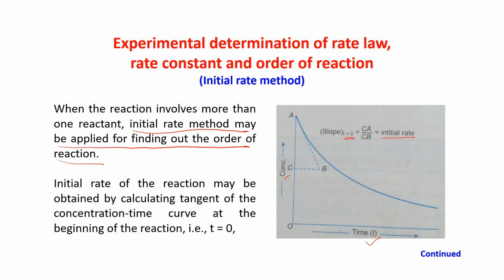So at the beginning of the reaction, we draw a tangent, and the slope of the tangent is giving you your initial rate. Now let us see what is happening.